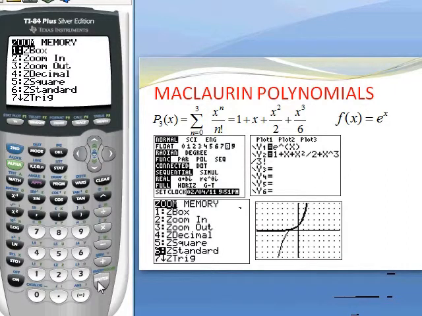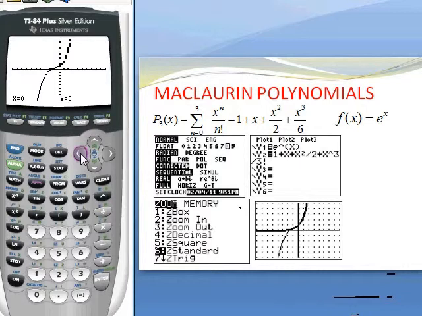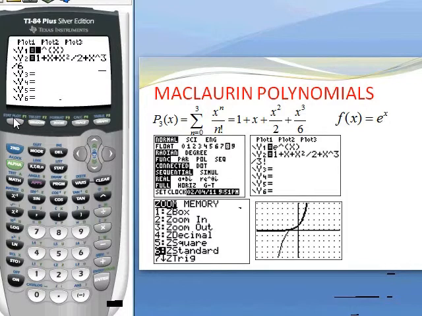Let me zoom box this around 0. So let's go to the left, up a little bit, and enter, down, and to the right. And around 0, this is what the two functions look like. Here's e to the x. Let me make it a little bit darker so that we can see it.